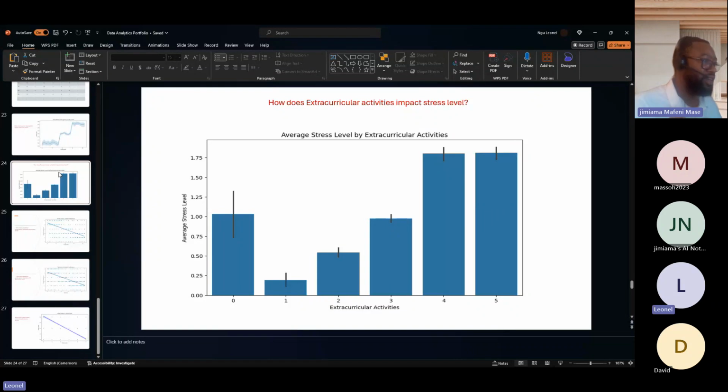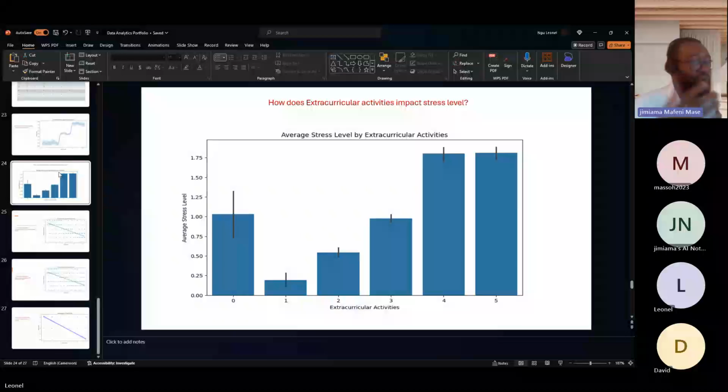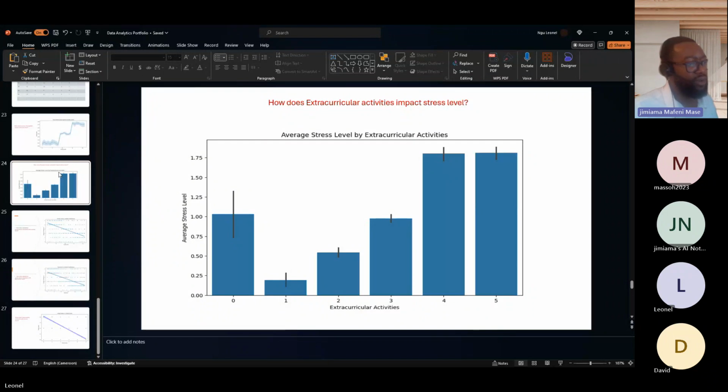You see that the stress level when they have no extracurricular activity is the same as when they have three extracurricular activities. And you see that there is a massive difference or a significant difference between two and three. Because if you're saying the stress that people are having is the same as when they don't have any extracurricular activity, everybody will be like, okay, then why should I even have extracurricular activities, right?